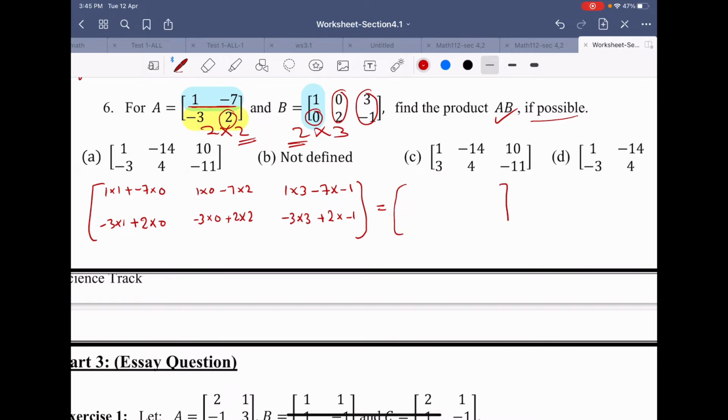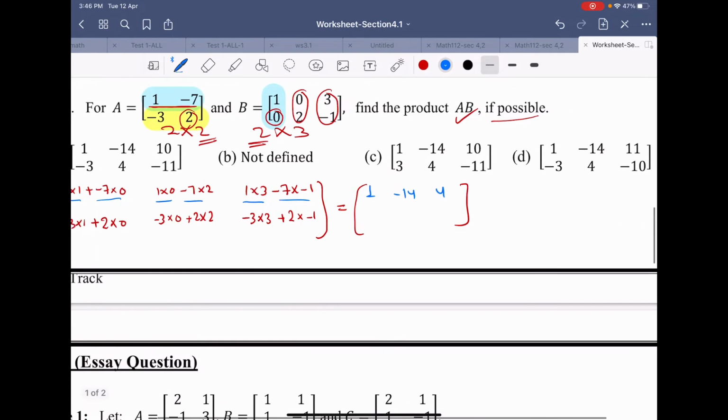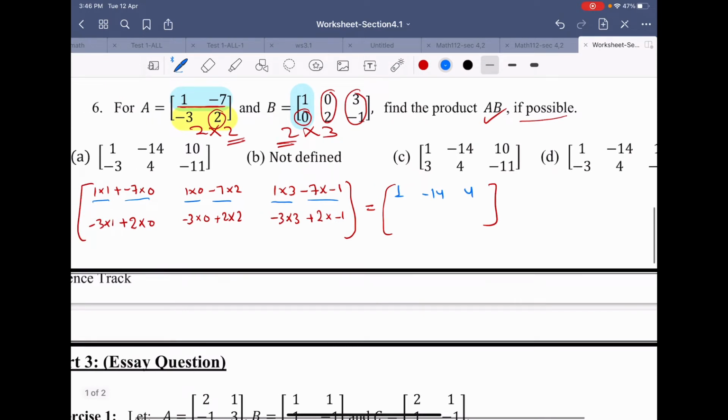Now we will have, for this one, 1 times 1 is 1, but this is 0, so I'm left with 1. This is 0, so I'm left with -14. This is 3 and this is plus 1, and 3 plus 1 is 4. Then 3 plus 7 is 10.